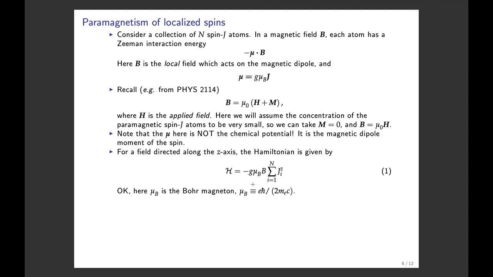And it's times the magnetic field, and then we'll sum over all of our spins, we have capital N of them, times this spin operator, J_i^z. So this doesn't mean to the z power, this means the z component of J of the i-th spin. That's what that means. And so all these can in principle be different values of J, but we'll come to that. This is our Hamiltonian.